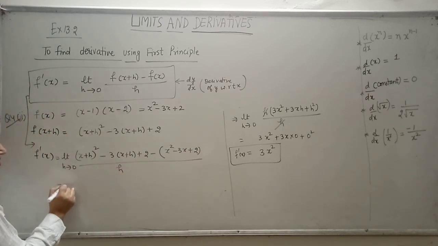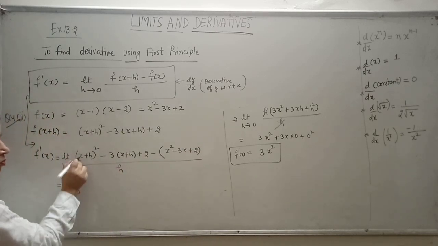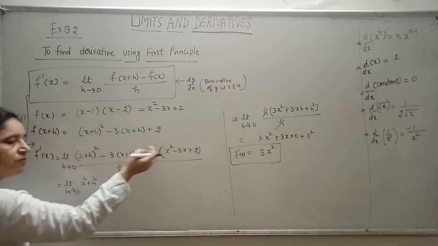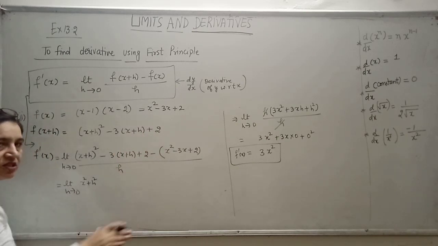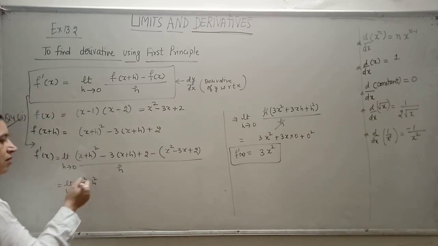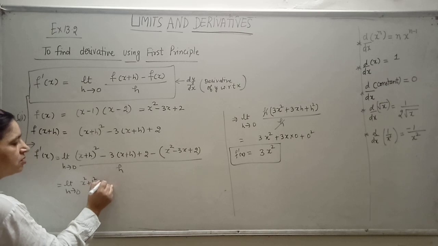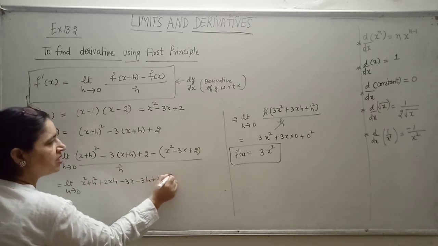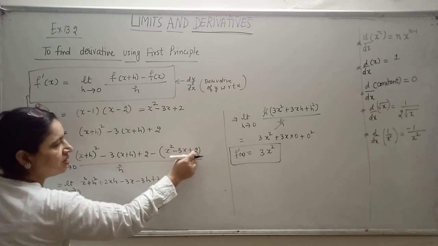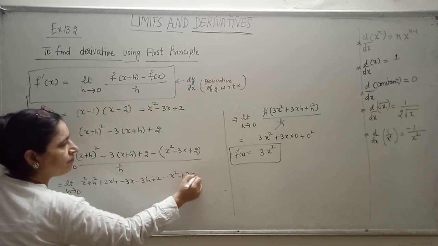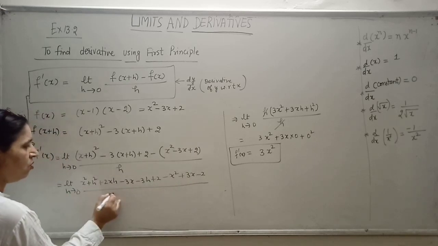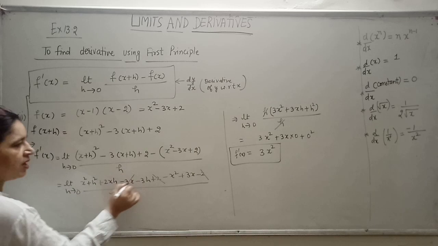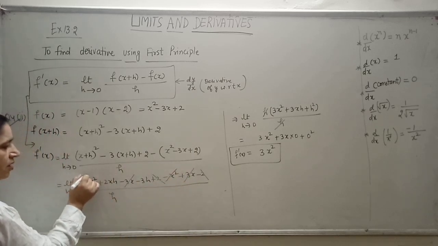Okay. So this is limit h tends to 0. Open it, x square plus h square. Because if we directly apply the limit, you can see you will get the 0 by 0 form. That's why we need to open it. This is 2xh minus 3x minus 3h plus 2 minus x square, because the minus sign is here, so we will change the signs here. Now whatever can be cancelled, cancel that. Minus 3x plus 3x, minus x square plus x square.